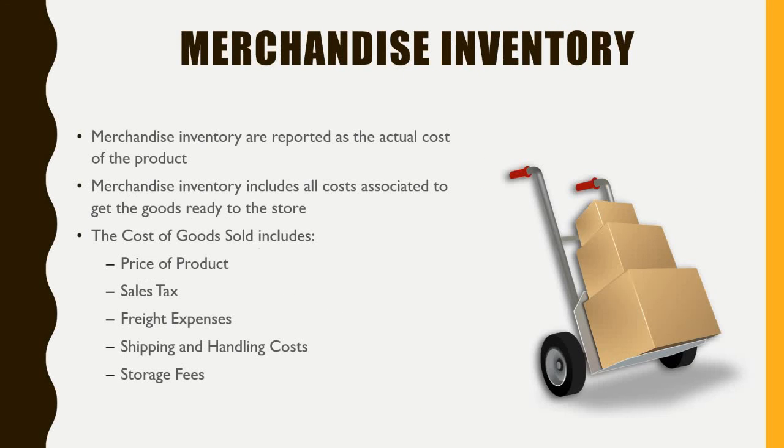Now, again, we talked about what is going to be involved in the cost of goods sold, or just the cost of inventory. Once again, the definition is all cost it takes to get the asset to the store. That can include the purchase price that you purchased the product for, and any sales tax, right?